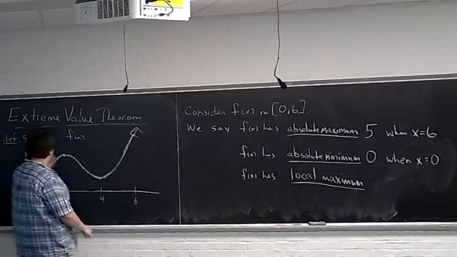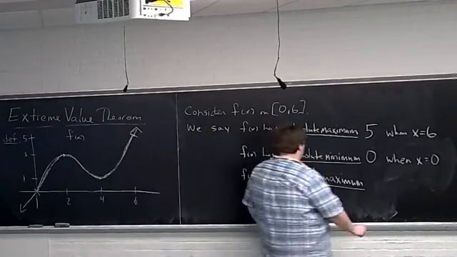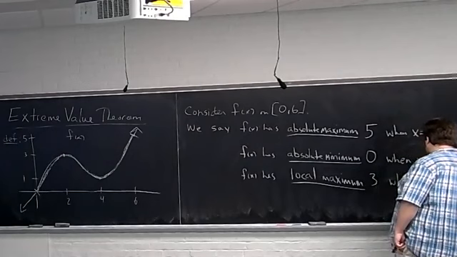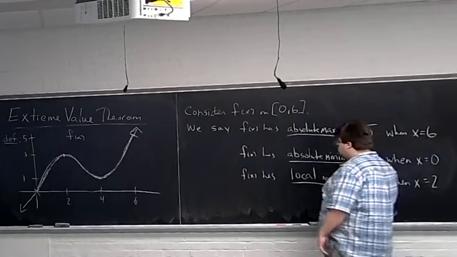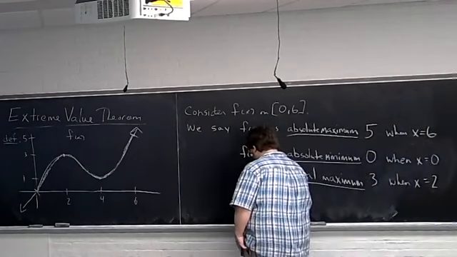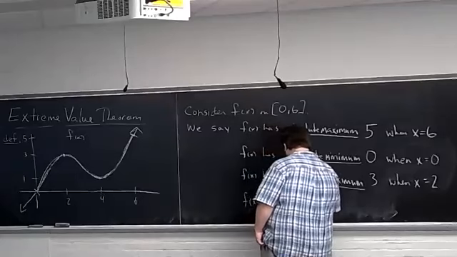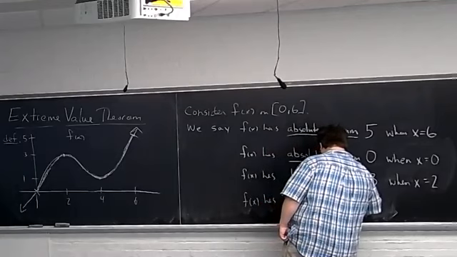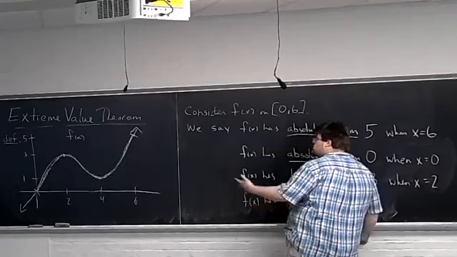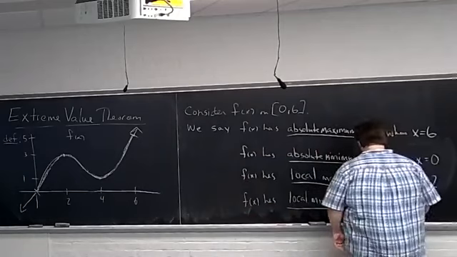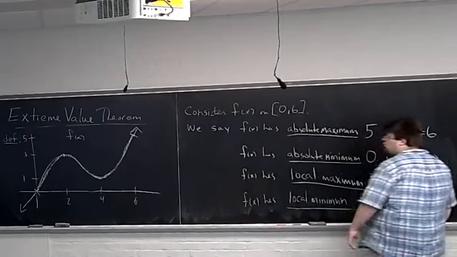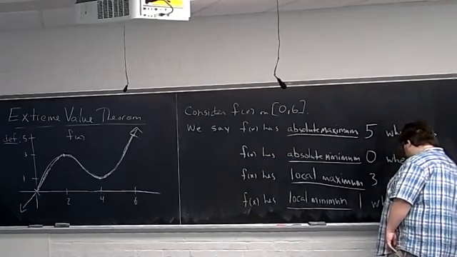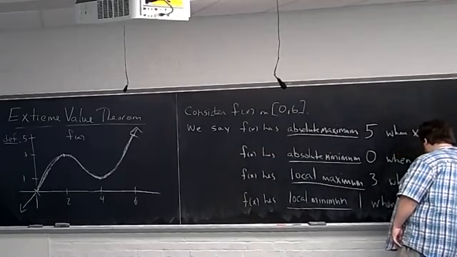And it'll be the y value, local maximum of 3, and it occurs when x equals 2. And similarly, f of x has a local minimum at the bottom of a mound, which in that case occurs when x equals 4. The local minimum is the y value, local minimum of 1, when x equals 4.